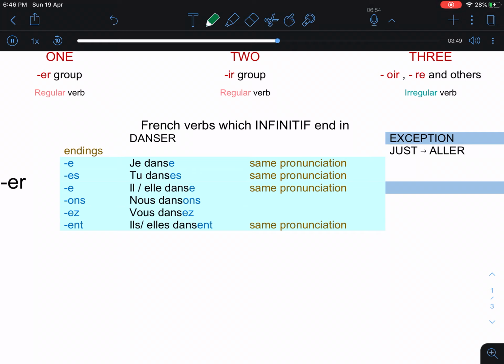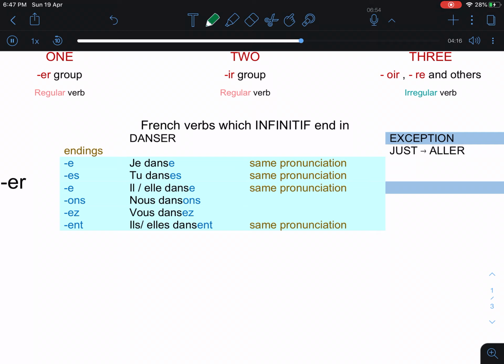So you have I dance, you dance, he, she dances, we dance, you dance, and they dance. Please remember that we do not have I am dancing in French like English. French uses the simplest form of present tense, which is I dance. And in French, it is je danse.